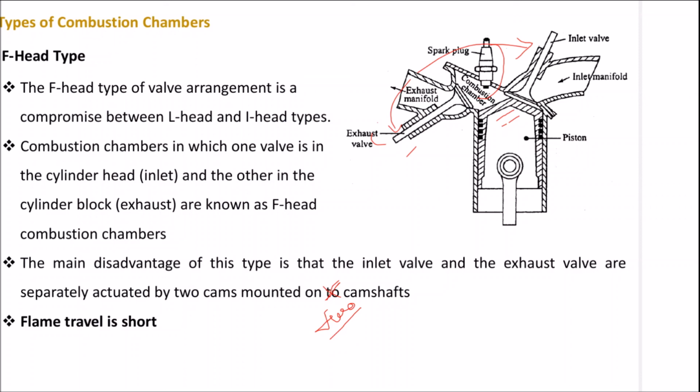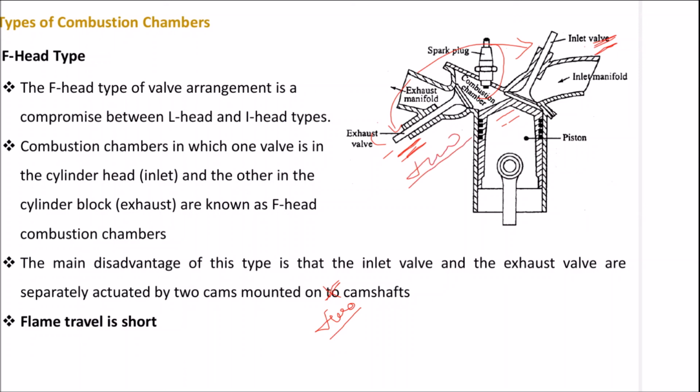So nothing new in this F head type. It is in between the L head and I head. Also, it has some features of the T head. The exhaust and inlet valves are in opposite directions, so you require two camshafts.